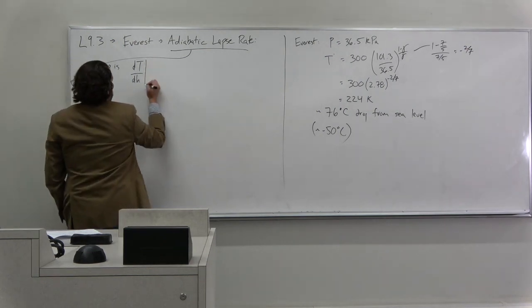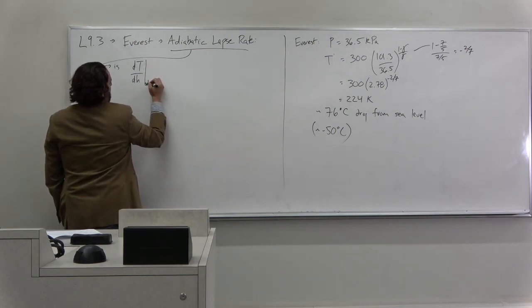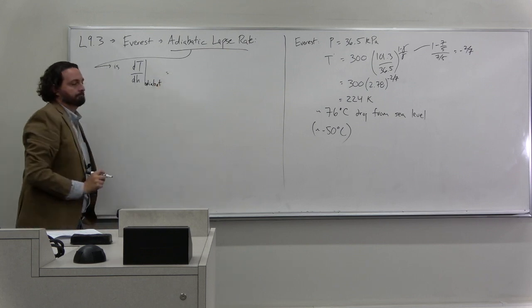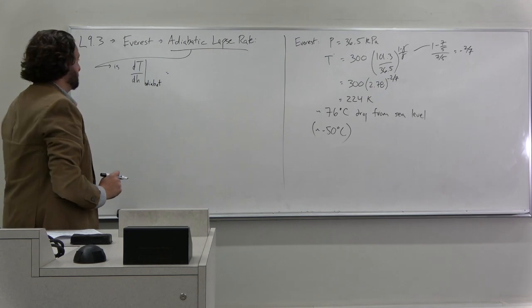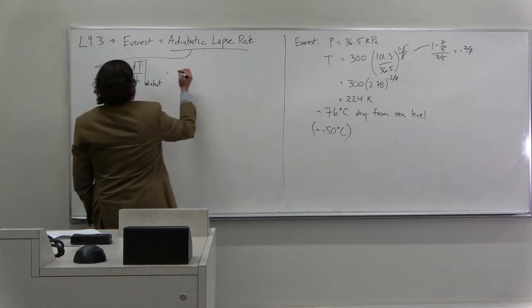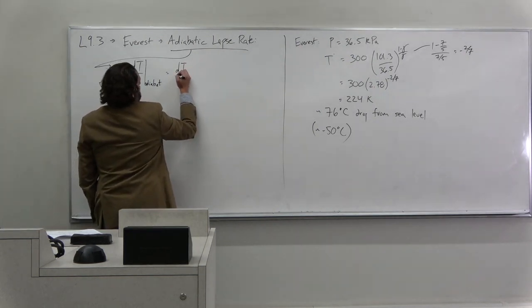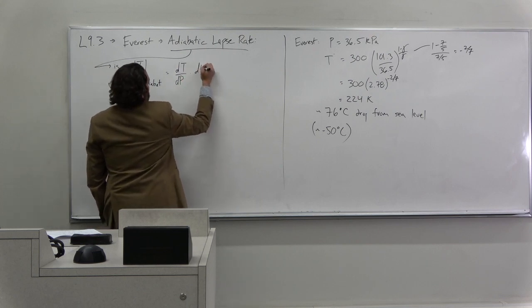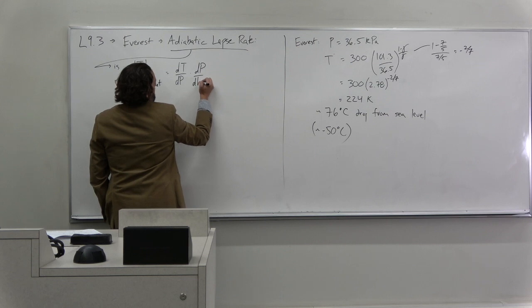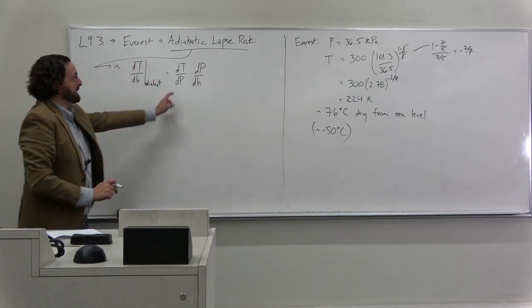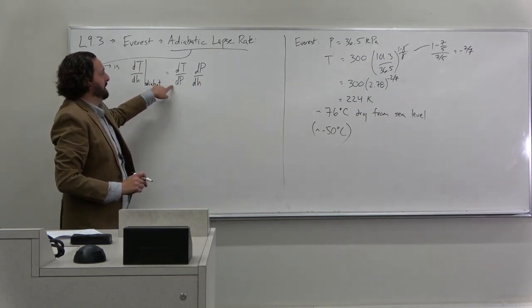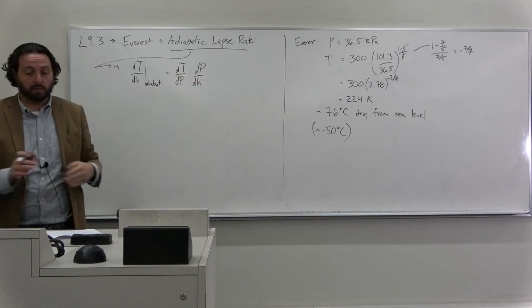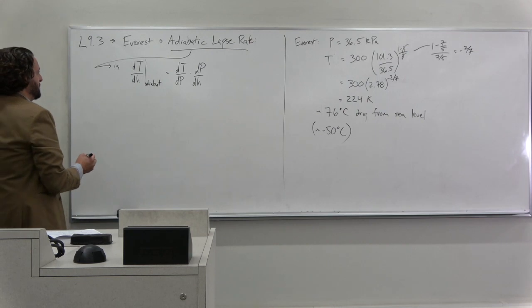So dT/dh along an adiabat. And this is good because it's an exact differential. We can break it up into parts: dT/dP and dP/dh. These are the two parts we've calculated so far, basically dT/dP from the adiabat and dP/dh from our non-uniform density.